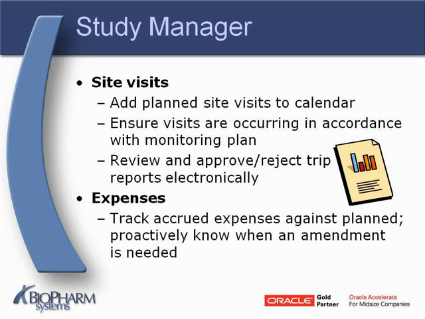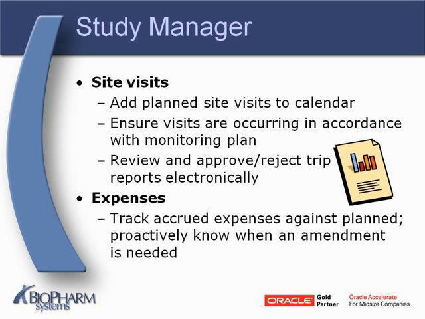And then in the system, you can actually review and approve or reject trip reports electronically. So as the CRA and monitor are submitting those within the system, you'll get potentially a notification, or in the system you'll be able to see that this trip report is ready for review. You can review and approve or reject that trip report electronically within the system with electronic signatures.